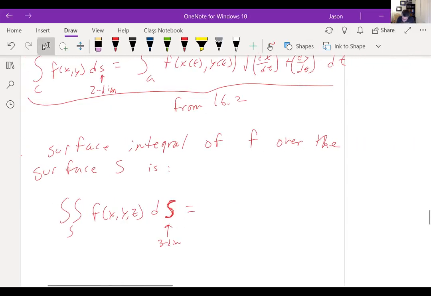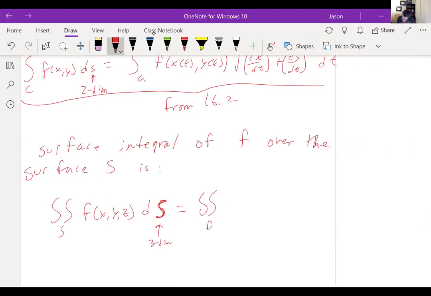This is equal to the double integral over the 2-dimensional domain of f of r(u,v).